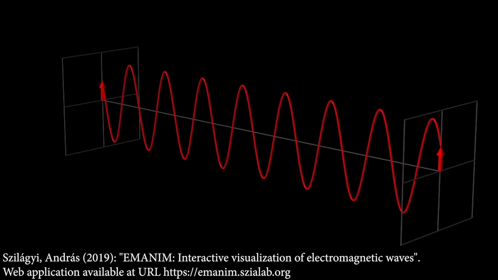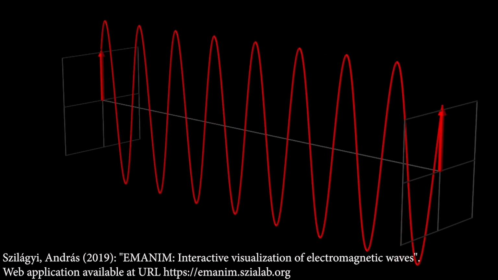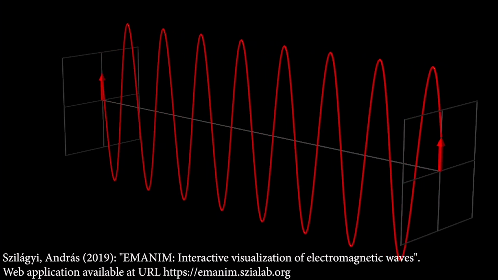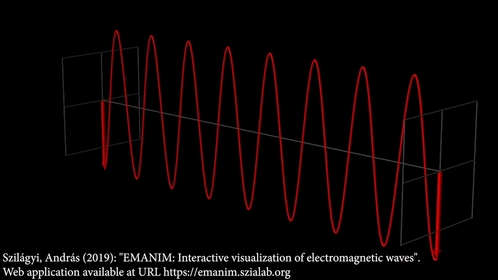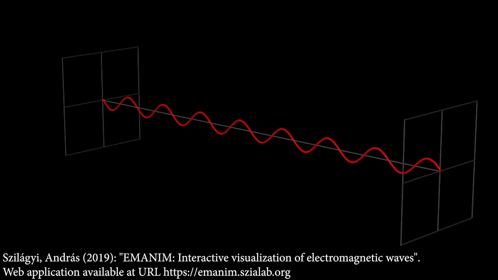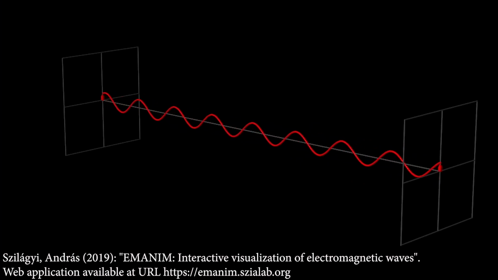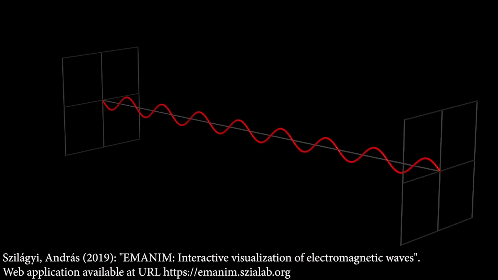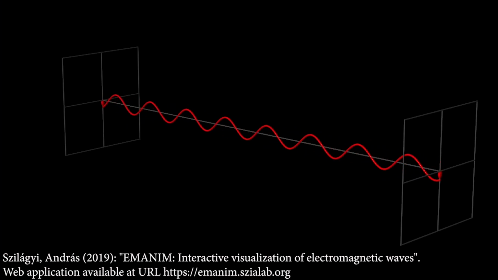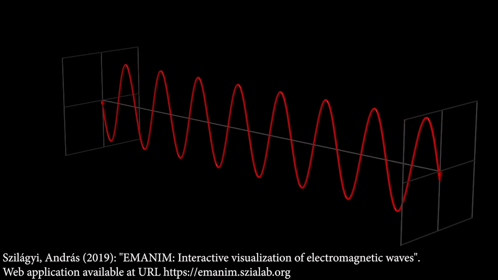But how bright that light is depends on the amplitude, how tall. So this particular wavelength and frequency of light is getting brighter and brighter and brighter. Here's our original brightness. Or if we dim that light, so it gets dimmer and dimmer, then we see the amplitude decrease. So we call this the amplitude.